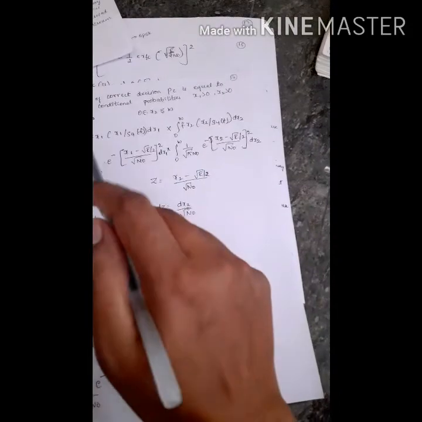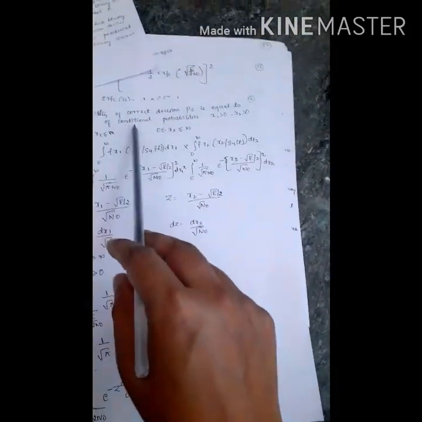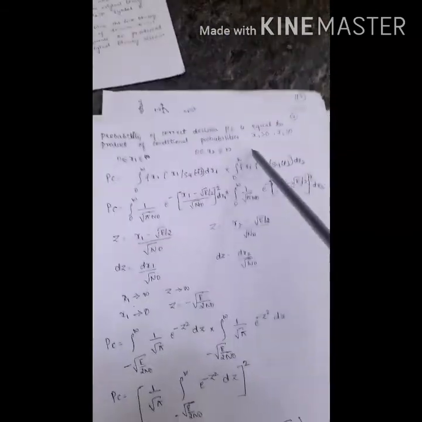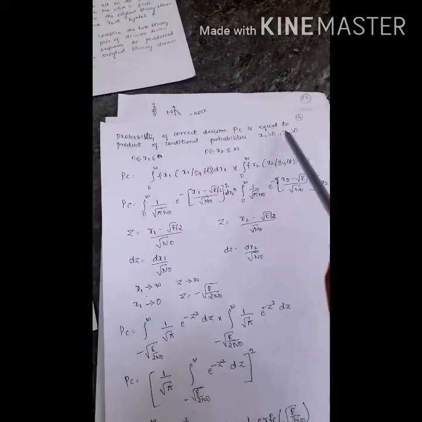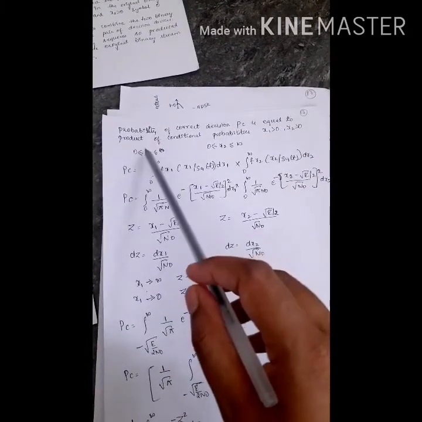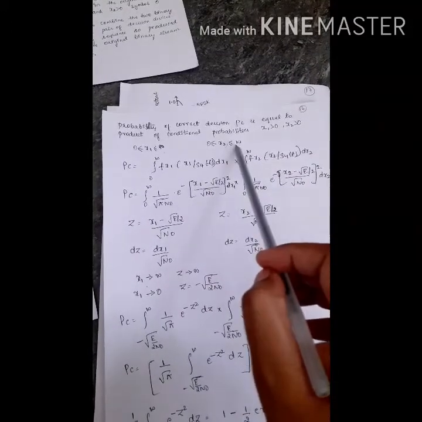Consider the probability of correct decision is equal to the product of the conditional probabilities, that is x1 greater than 0 and x2 greater than 0. That means x1 lies between 0 to infinity and x2 also lies between 0 to infinity.